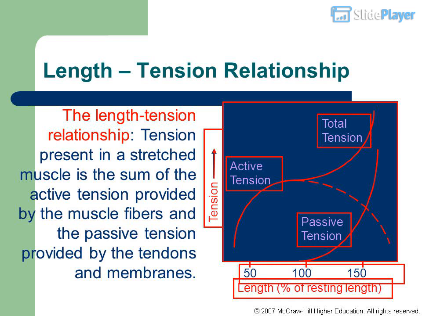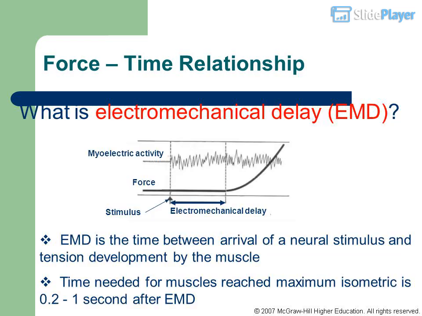Tension versus length, percent of resting length: 50, 100, 150. Active tension, passive tension, total tension.